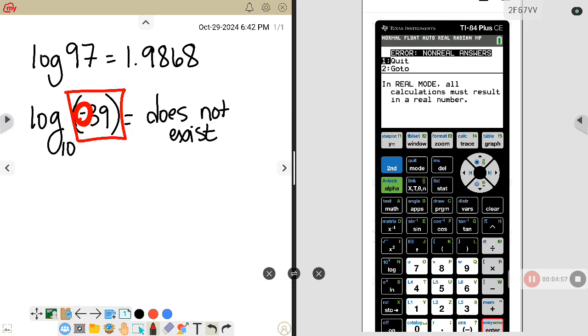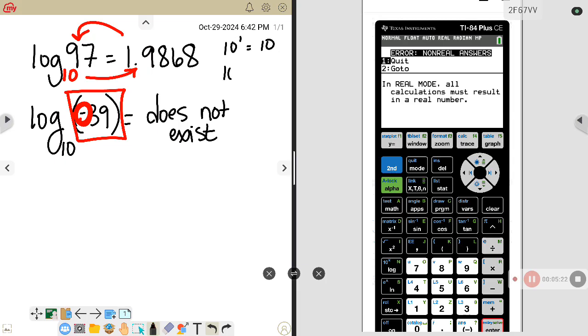Look at the answer before. That log of 97, do you see how it's very close to 2? Because if I don't see the base, it's automatically 10. 10 to 1.9868 is going to equal 97. Remember, 10 to the first is 10.